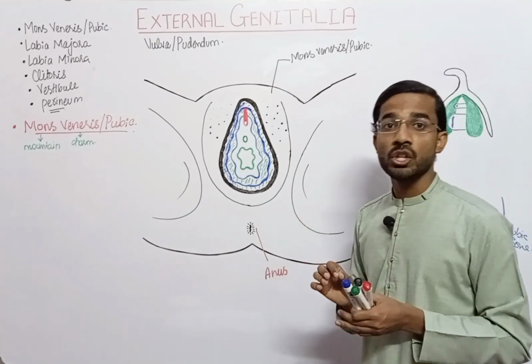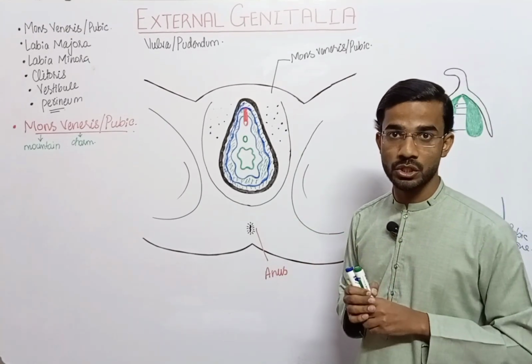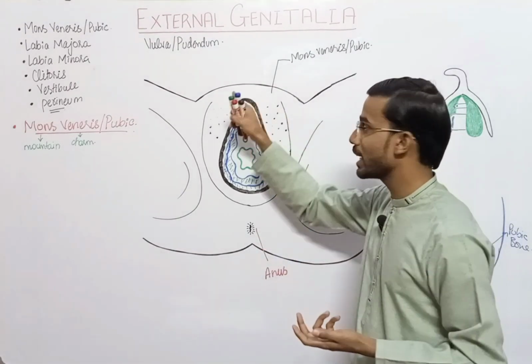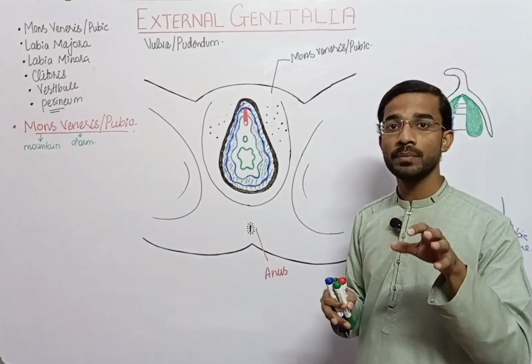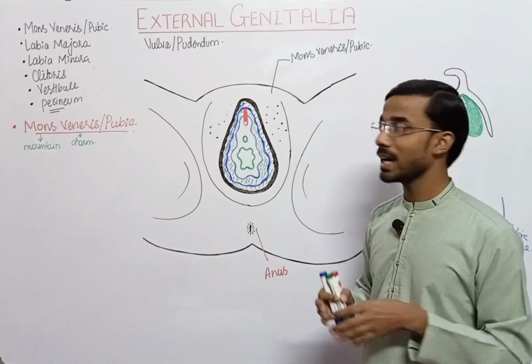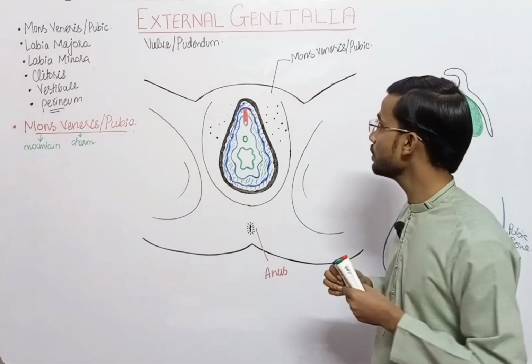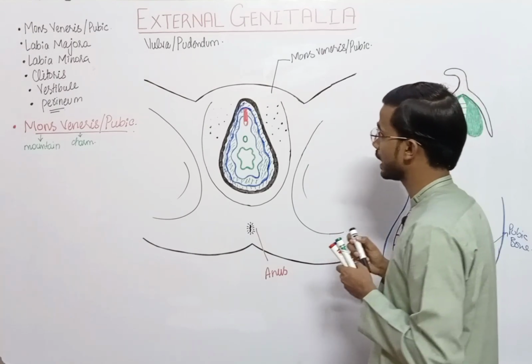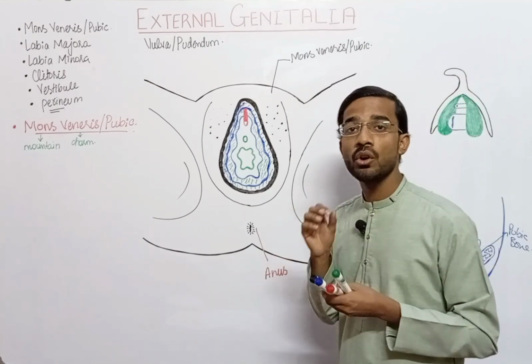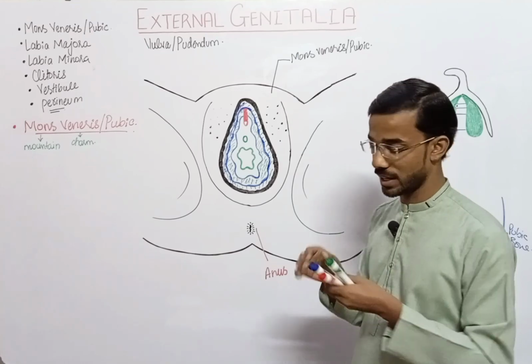Lots of subcutaneous and adipose tissue is present in the mons veneris, and it is a prominent area of the genitalia.